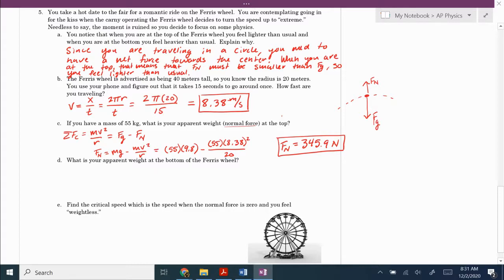So what is your apparent weight at the bottom of the Ferris wheel? When you're at the bottom of the Ferris wheel, you're going to have basically the same force of gravity that you had, and then a larger normal force.